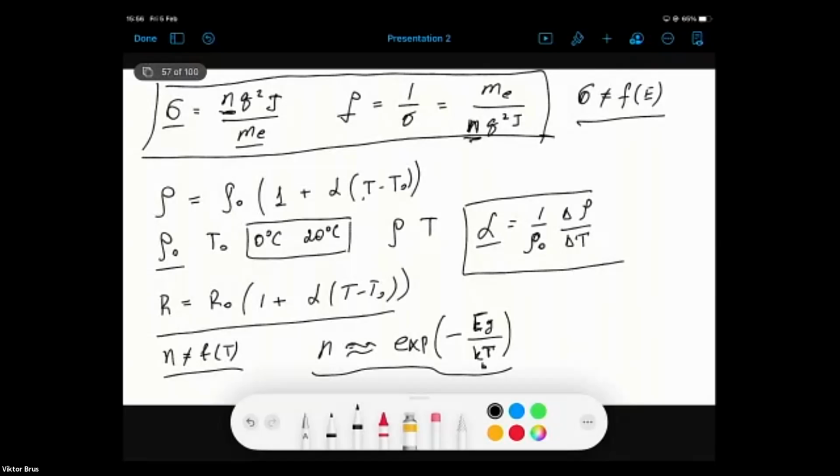If you know the resistance at room temperature and at working temperature, you can find this alpha in the literature. It's a parameter of the material, the temperature coefficient of resistivity. And from that, using this equation, you can determine the working temperature of this filament at which, for instance, a halogen light bulb is working.